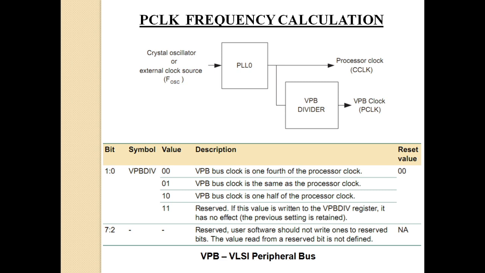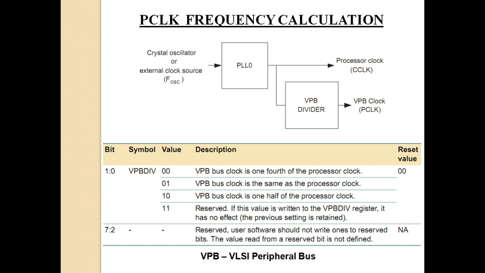That means all the registers, which are used for storing some kind of data, since ARM can handle 32 bits of data, will be of size 32 bits. So here the VPB divider is one of the special function registers.